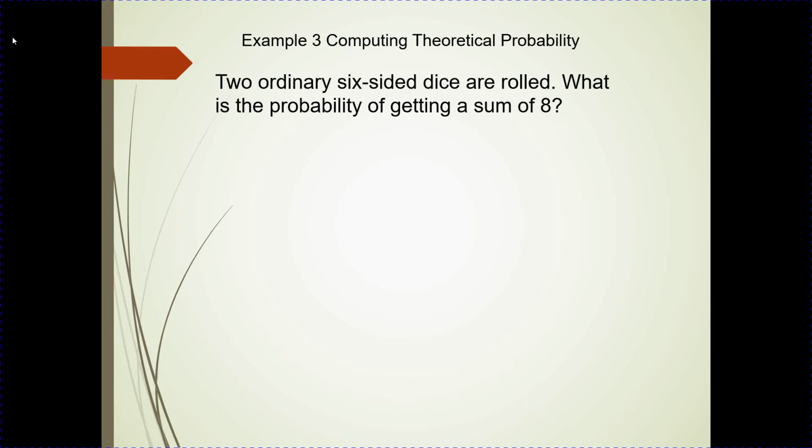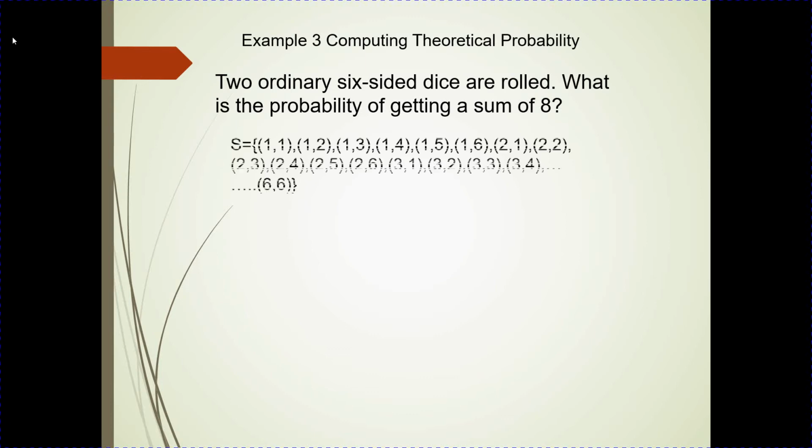So one possible event can be (1,1) or (1,2) or (1,3), and it goes on up to (1,6). So the total sample space can be this one.